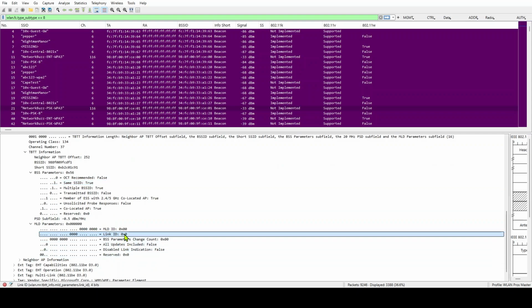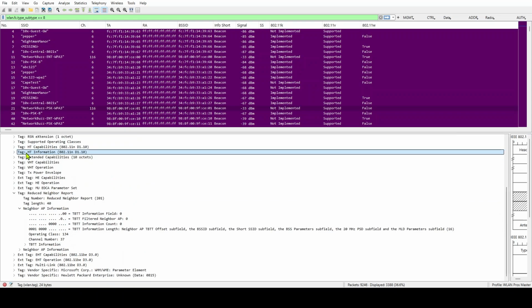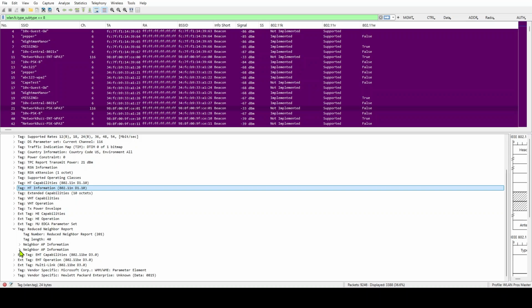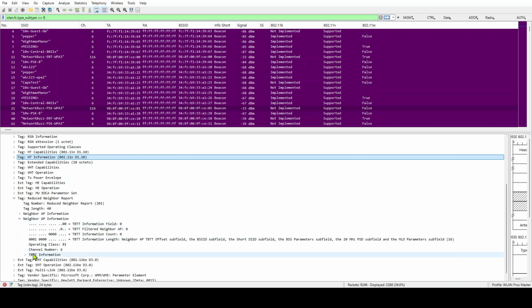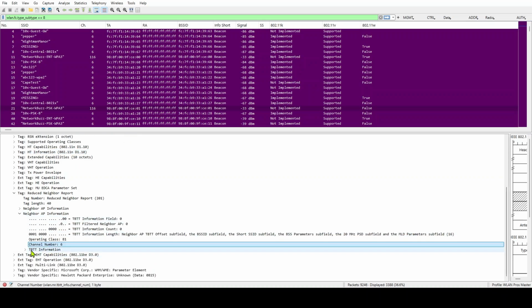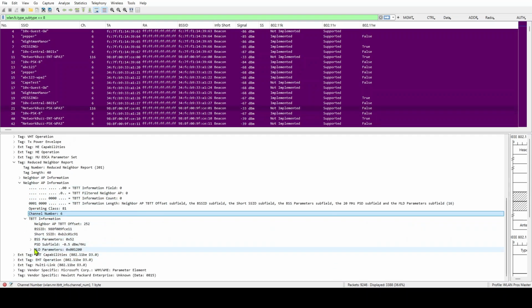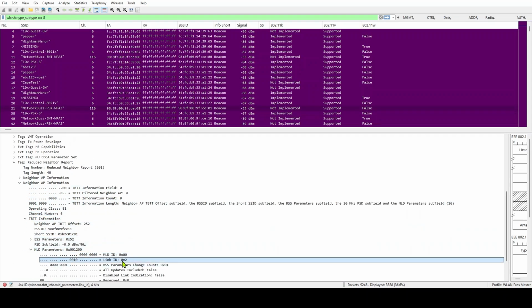We know link ID 0 is 6 gigahertz, which is referred to here as well. So the RNR is saying, hey, you have capabilities of this same BSSID on 6 gigahertz as well as channel 6 on 2.4. Again, we're already on 5 gigahertz, so we're not going to see that as neighbor report information. And if we expand this again, we see 0x2, this is 2.4 gigahertz. Okay, that's about it for the beacons.